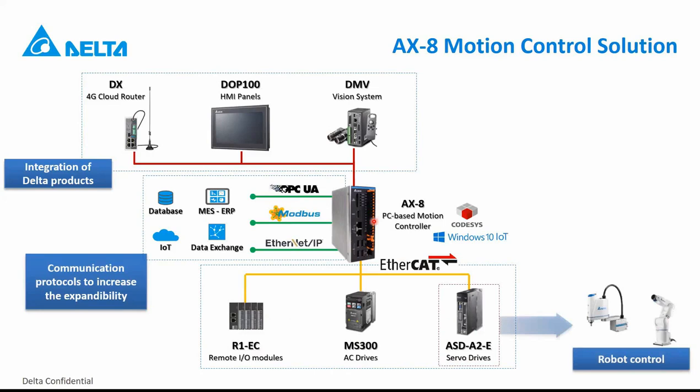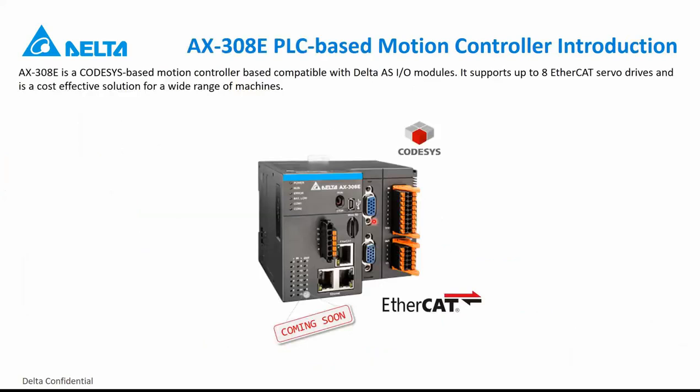And yeah, it is also possible to control a robot with the AX8. And AX300, we already mentioned that it is coming soon. Most probably at the beginning of the new year, 2021, we will release this model.